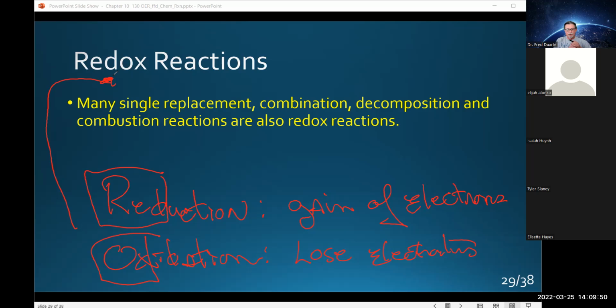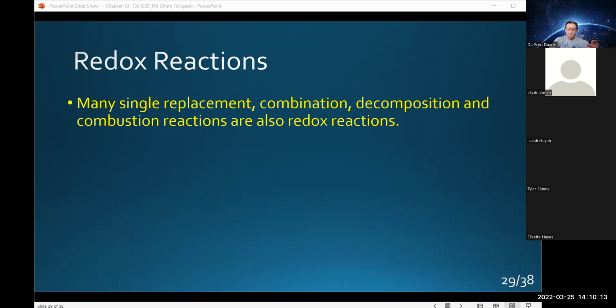That's a battery, and that's your equipment. It uses electrons to display on your computer, iPad, or cell phone. So redox reactions are simply the loss or the gain of electrons.